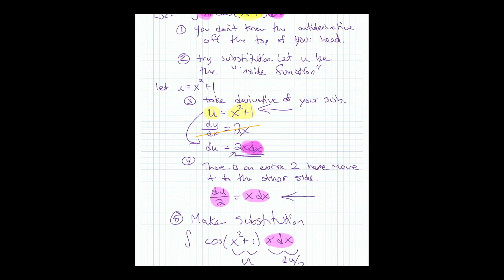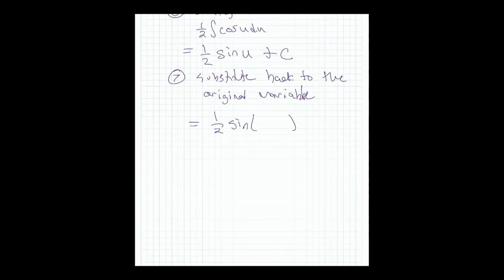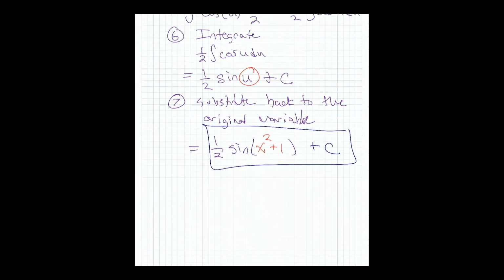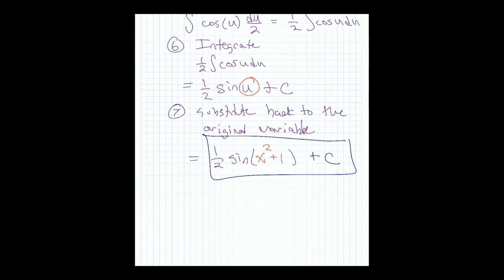You've got your substitution right here: u is equal to x squared plus 1. So come down here, u is equal to x squared plus 1, plus c. And that is going to be your answer there. Okay, and so that's the method of substitution.